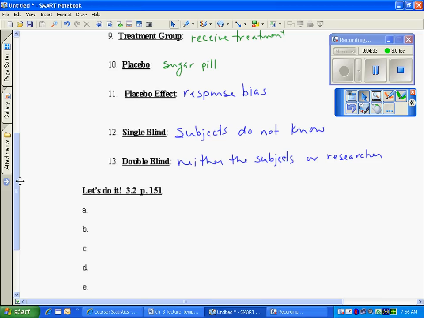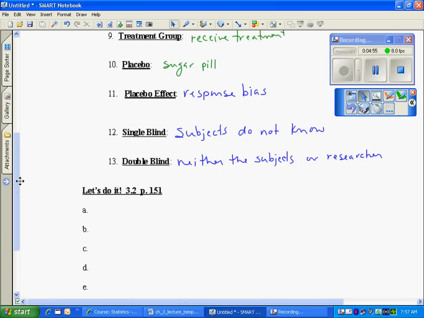Neither one knows in double, that's why they call it double. And in single, the subject doesn't know. Somebody has to know, obviously, and usually they don't want the researcher, the one administering the treatment, to know, because then they could have some look on their face that might tell somebody they might act a different way and so forth.